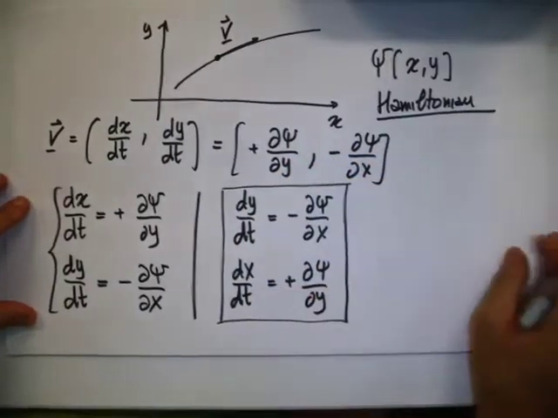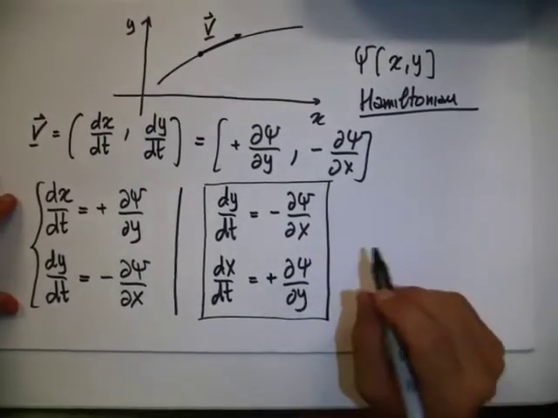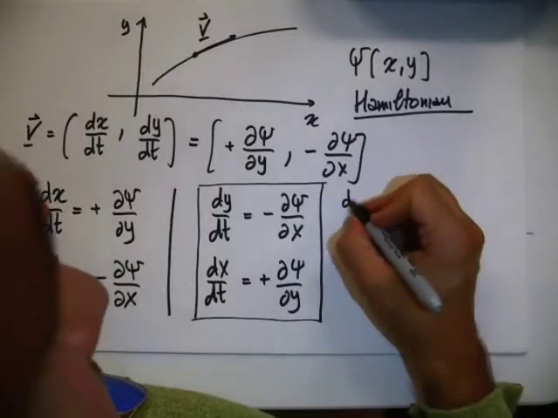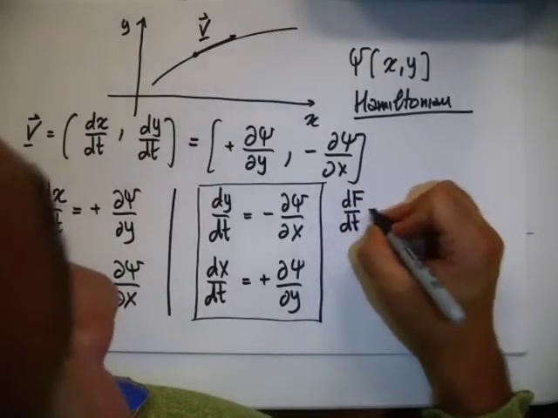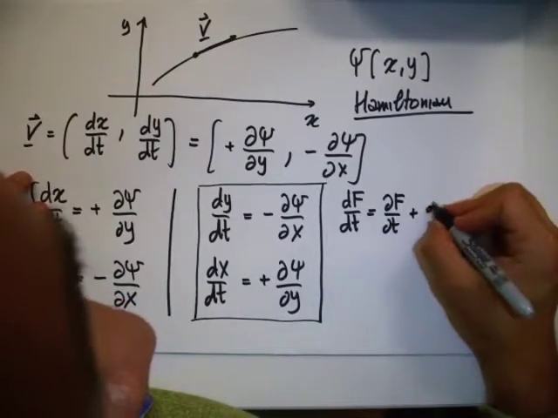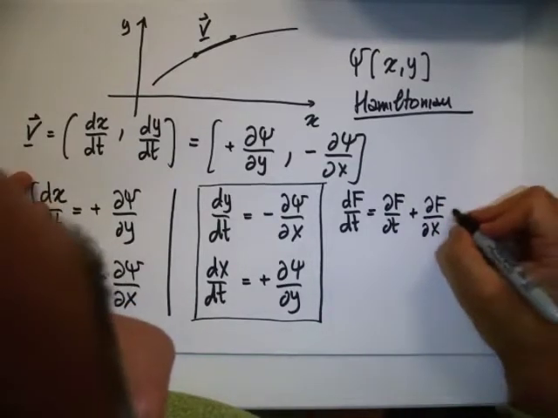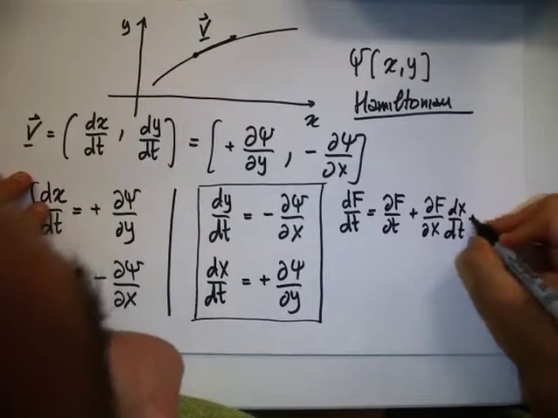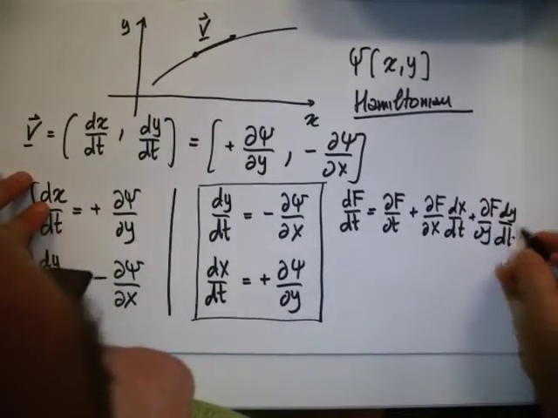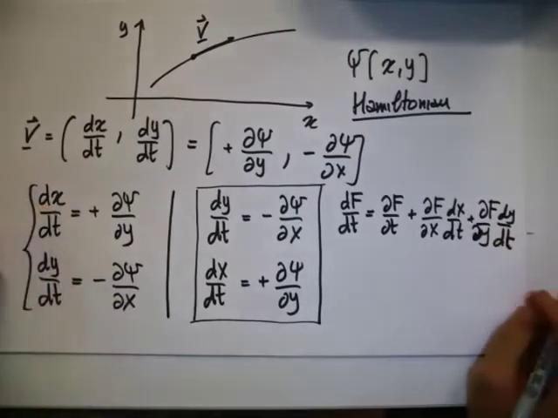And ψ is the Hamiltonian, and that is easy to see, because if we derive the dynamics of any observable, df/dt is equal to ∂f/∂t plus ∂f/∂x dx/dt plus ∂f/∂y dy/dt.